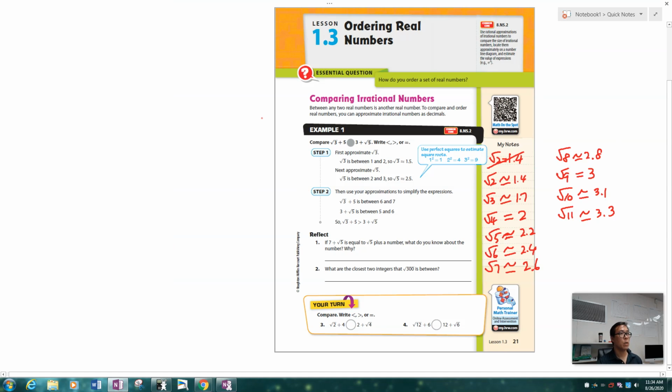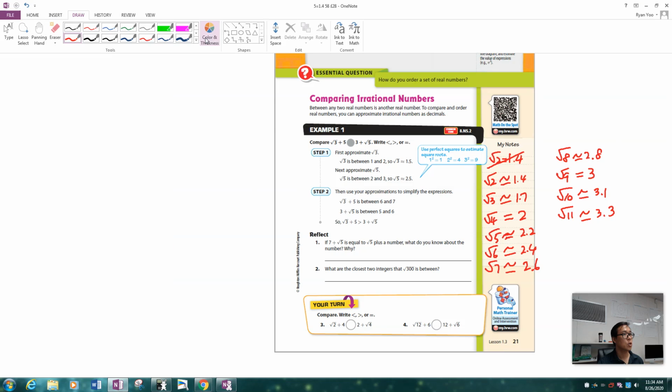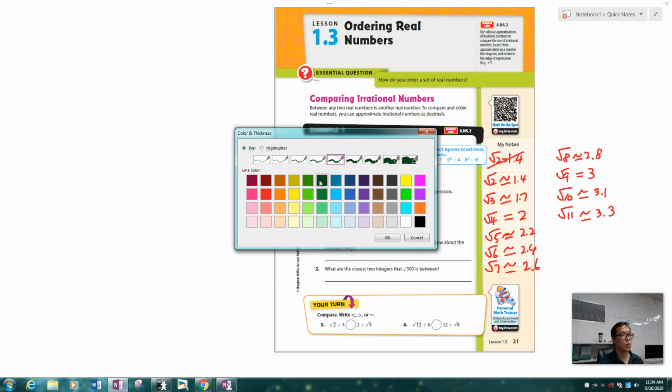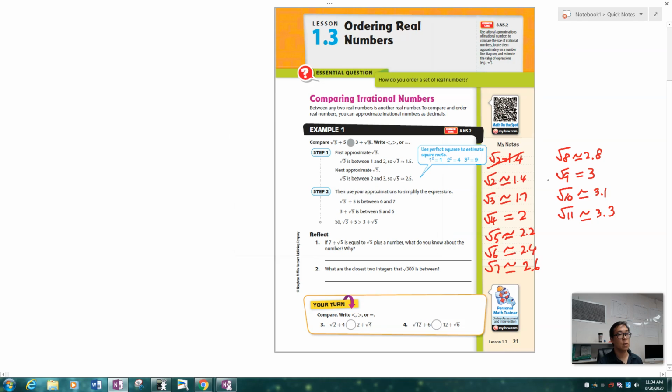So if you notice, let me change the color to green, I'm sorry. The first ones here are 0.3 apart, 0.3 apart, and 1.7 and 2 is still 0.3 apart. However, from here it is 0.2, and here is still 0.2, and this is 0.2.